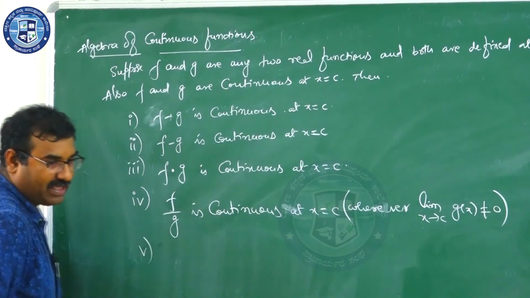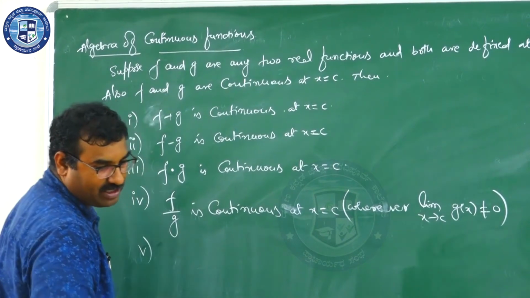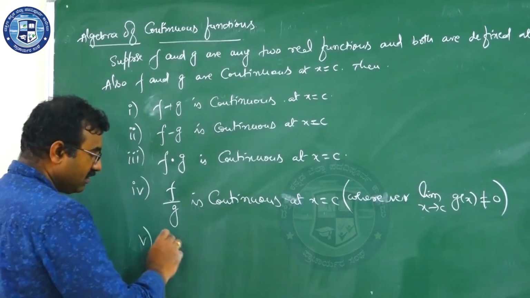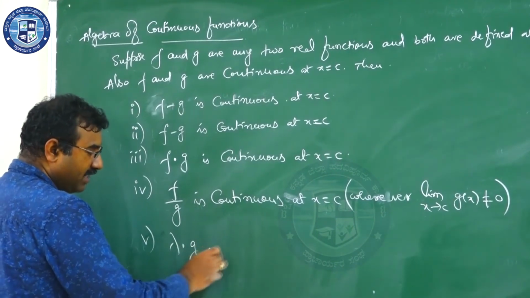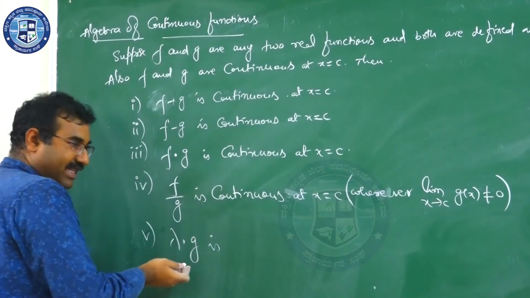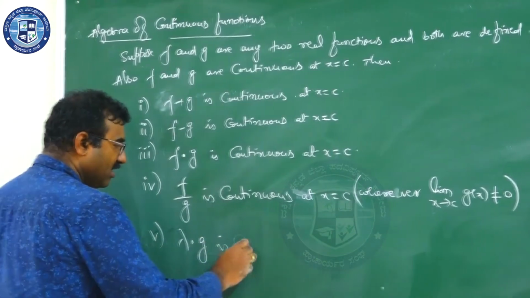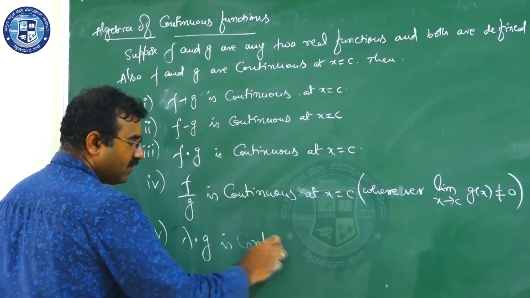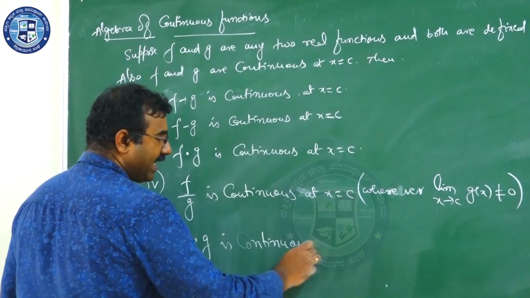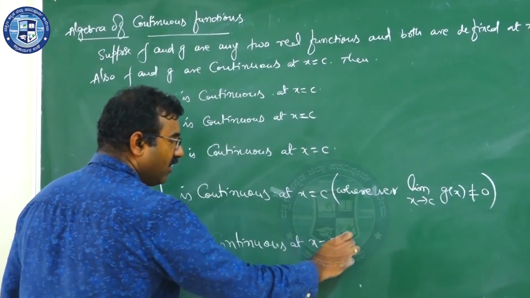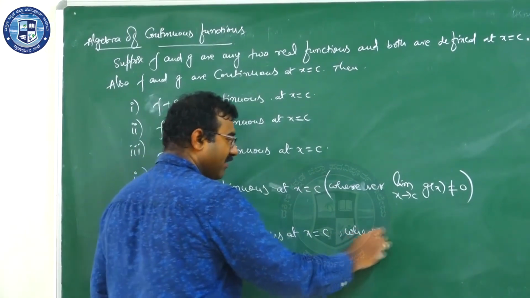And fifth, lambda into g, or lambda into f, is continuous at x equal to c, where lambda is some scalar.